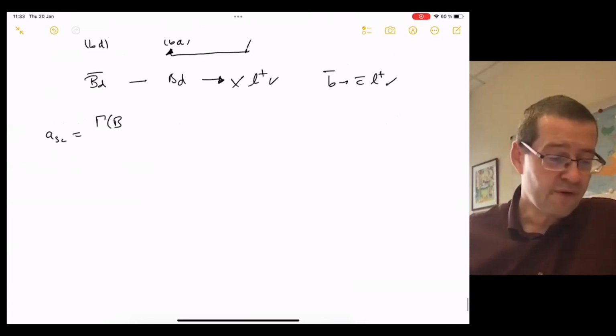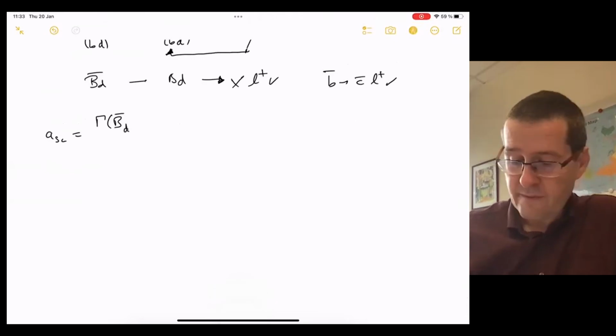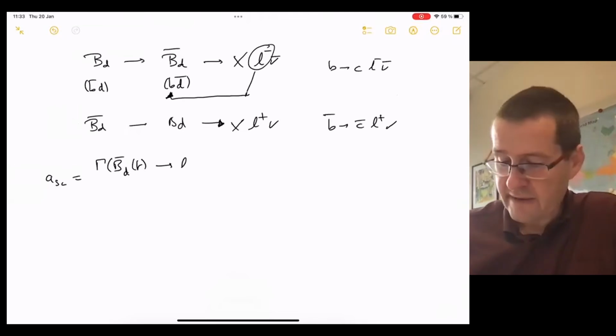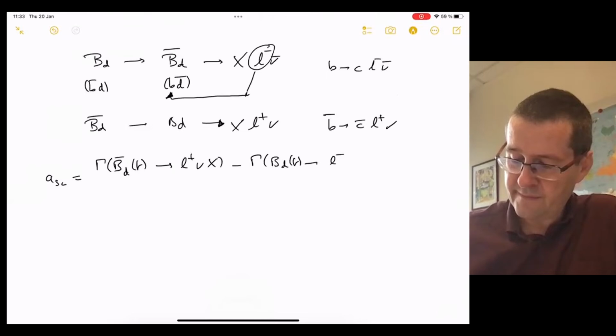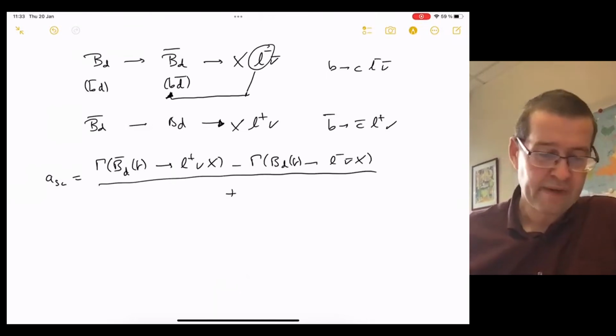And in principle, if you don't have CP violation, it is possible to do this in both directions without any difference. And so that's exactly what I'm writing now. So you take the difference between the two decay chains divided by the sum.